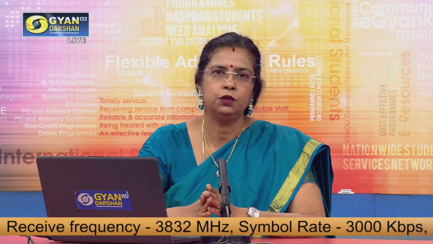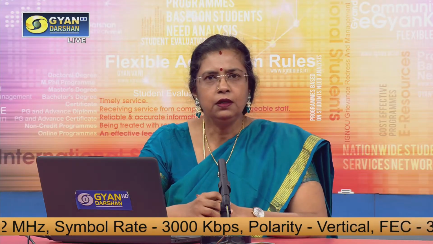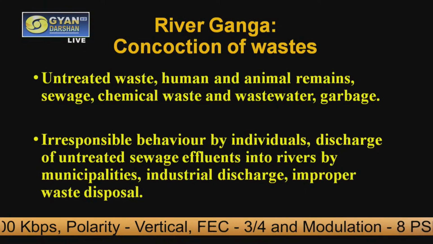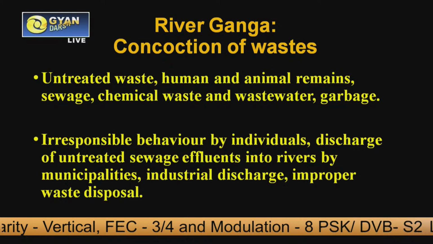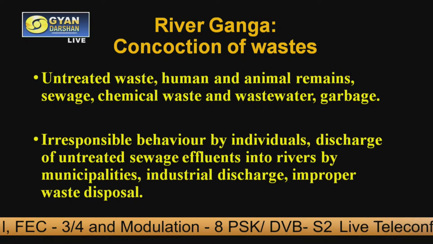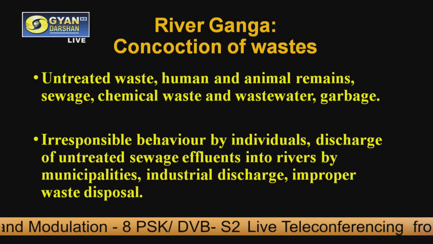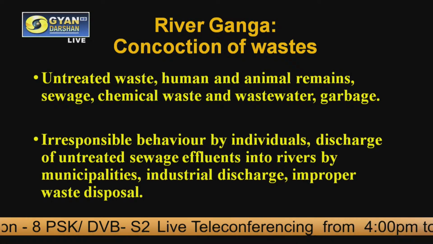So we find even certain dead corpses floating in this river. This is a poorly managed river, and think of this river and its tributaries when the water is taken for consumption purposes. So river Ganga is a concoction of waste, as I can put it in simple terms, where we find untreated waste, human and animal remains, sewage, chemical waste, wastewater and also garbage.